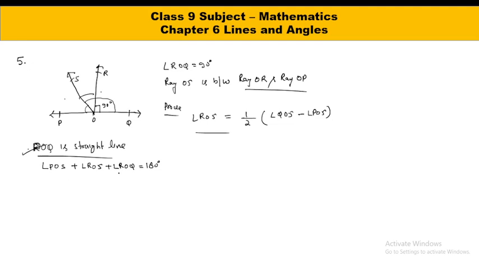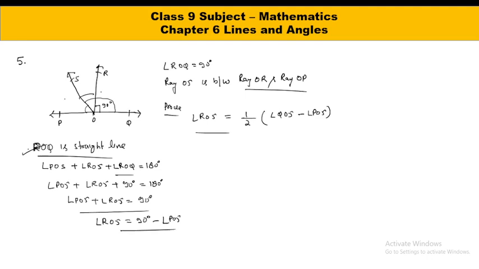So put the values. ROQ is given as 90 degrees. So angle POS plus angle ROS plus 90 degrees will be equal to 180 degrees. Solve this one. Angle POS plus angle ROS will be equal to 180 minus 90, that is 90 degrees. Now we can find that angle ROS will be equal to 90 degrees minus angle POS.